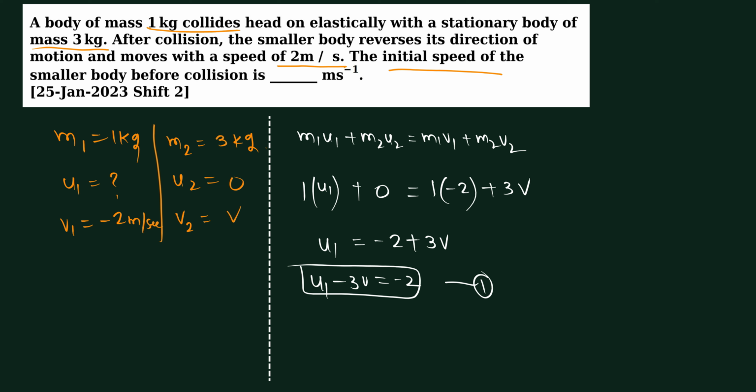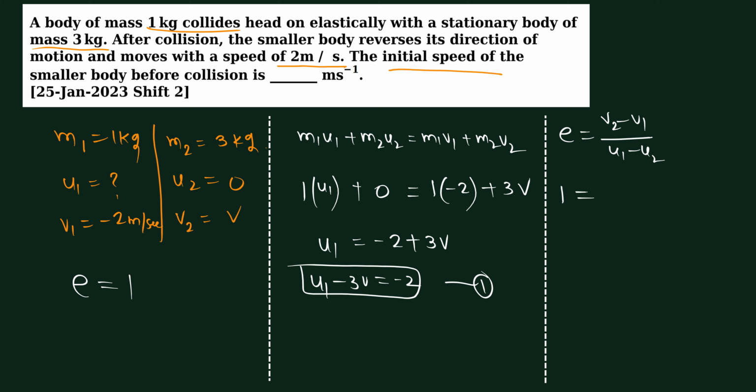Is it elastic collision or inelastic collision? For elastic collision e value you have to consider as 1. Next, the restitution value: e equal to coefficient of restitution, that is v2 minus v1 by u1 minus u2. This is the coefficient of restitution. Now what is the e value for elastic collision?